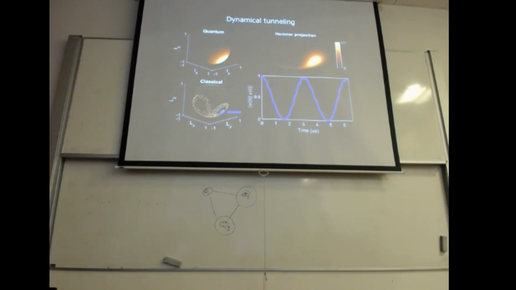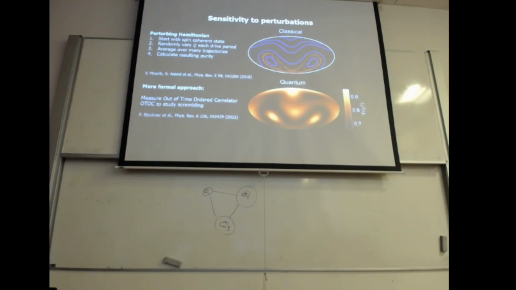Okay? Another interesting feature, I think, is how sensitive such a spin is now to decoherence. In our original paper, we did that in a very hand-wavy, non-formal way. So what we did is we started with a spin coherent state, and we time evolved it, and we perturbed it along the way a little bit, and we looked at what that did to the purity if you average over many trajectories.